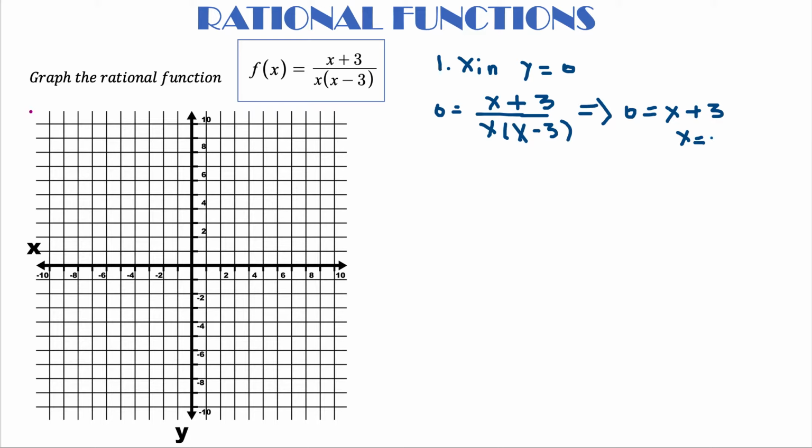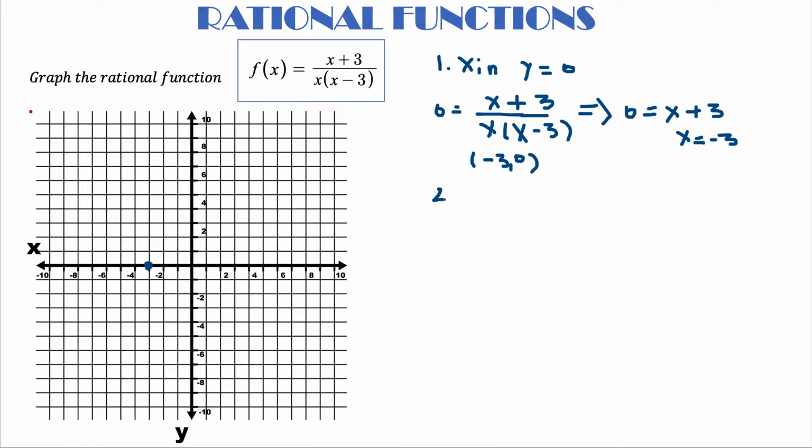So here's the x-intercept. It means the x-intercept is minus 3 and 0, y is 0. And minus 3 and 0 is here somewhere. Let's say this is the x-intercept, so I am plotting it here.